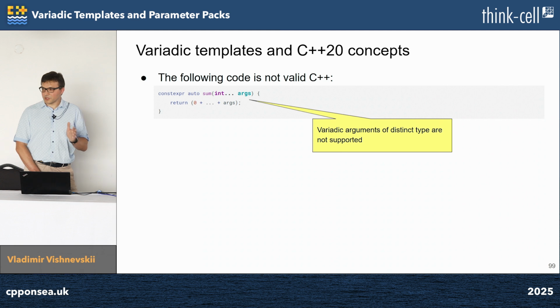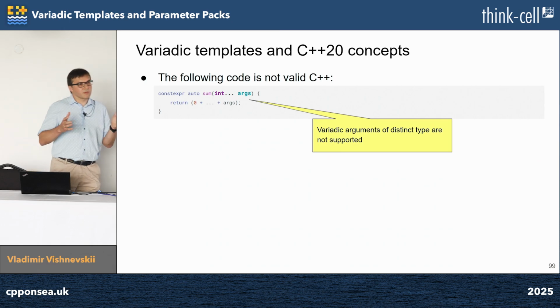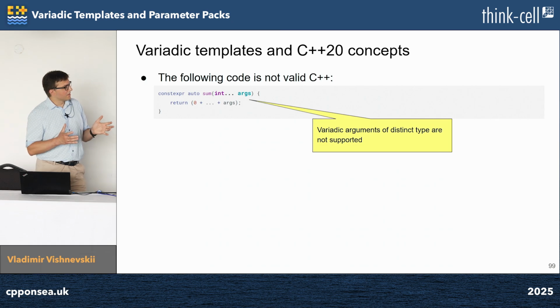That should be a function template, in fact. But before C++20, to enforce that all the arguments are of the same type, we had to use a bit more complex techniques. We could use, of course, enable_if or just use some static asserts internally.